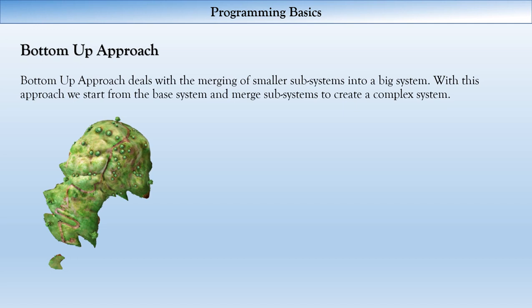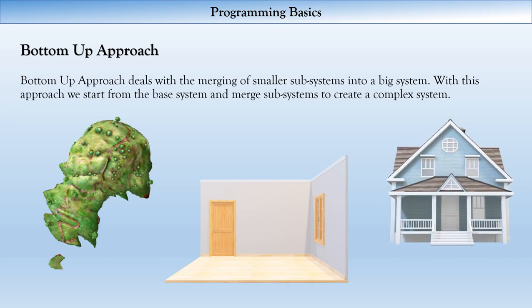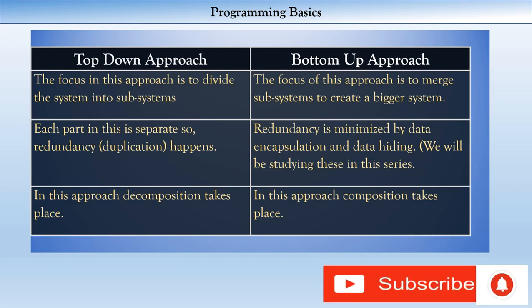So with this approach, we first look for the land that we need and decide how big the house we want to make. Then we decide on rooms, that is the number of rooms, dimension of the rooms, etc. Then in the end, we create the outer structure of the house by combining the above.